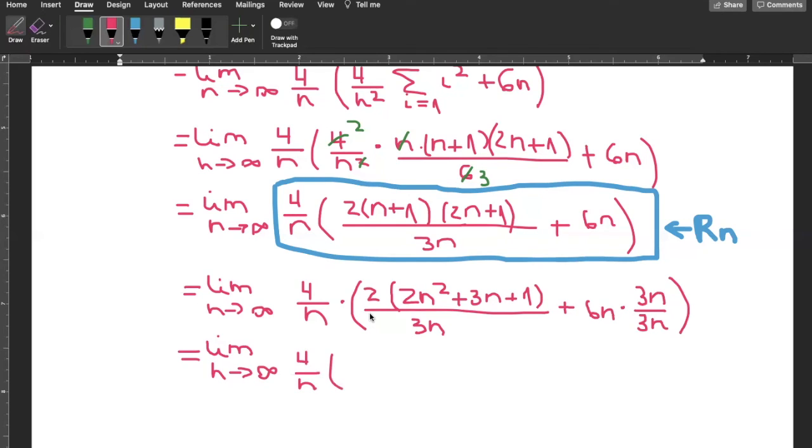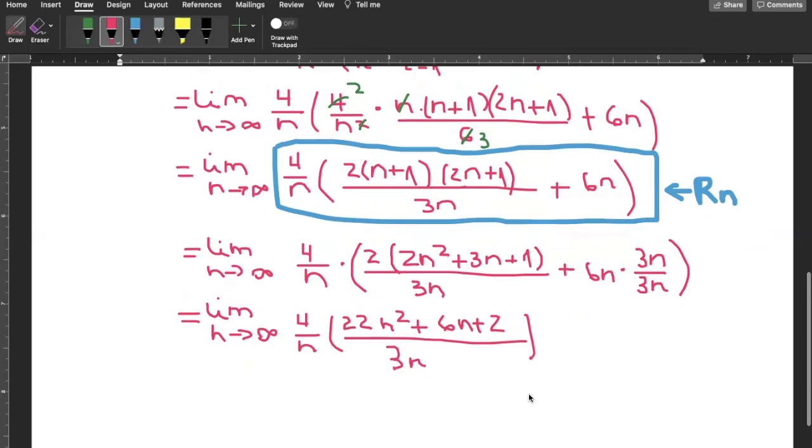Here we'll have 2 times 2 is 4, and here you have 6 times 3 is 18, and 4 is 22 n square. 2 times 3 is 6. And 2 times 1 is 2. And then that would be all over 3n.